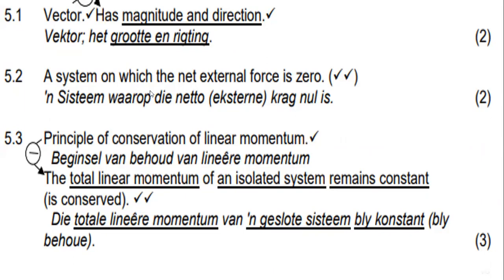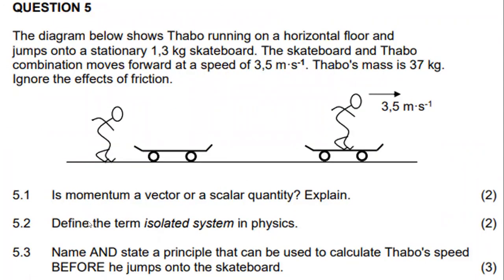It's either a 0 or it's a 2. So ensure that all the keywords for the definition are part of the definition as asked for you to obtain all the marks. Then we go to question 5.3.